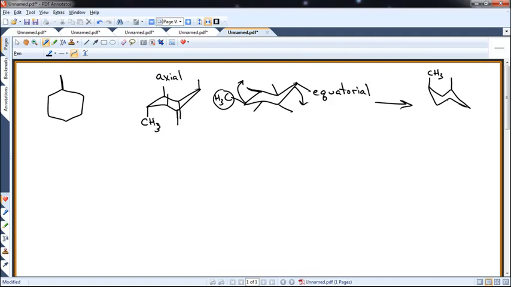Because this is an axial position, and this is an axial position, and this is an axial position, what happens is, even if these are hydrogens, that methyl group will smash into those hydrogens because the molecules are constantly vibrating and bending and twisting around in space, and that will interact with each other and form what we call a steric strain, and specifically it will cause a 1,3 diaxial interaction, and that 1,3 diaxial interaction will actually raise the energy of that conformer so that it doesn't want to do that, right?